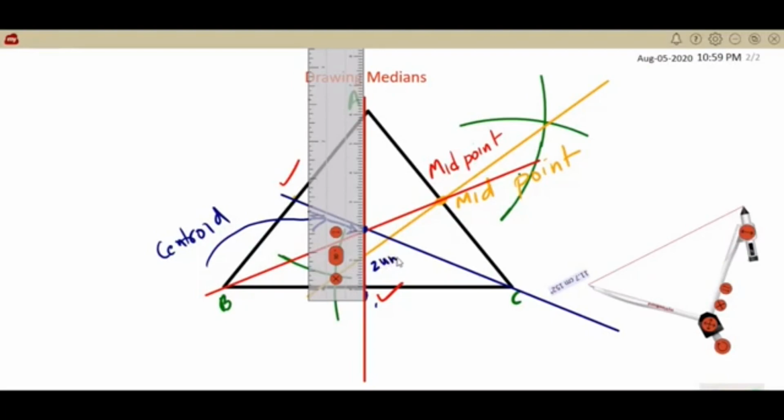That means 2 units, and the rest is 4 units, totally 6 units or 6 centimeters. So here you have 2 units here and 4 units from A to the centroid.